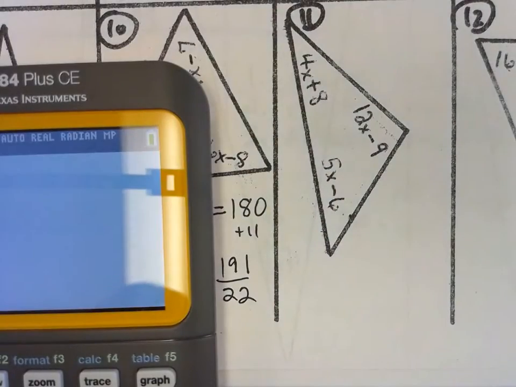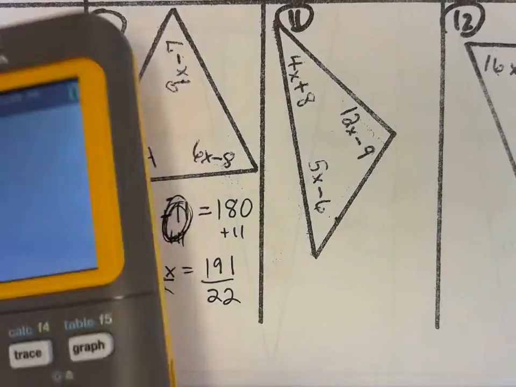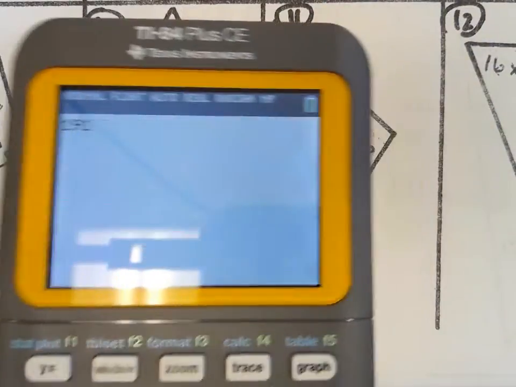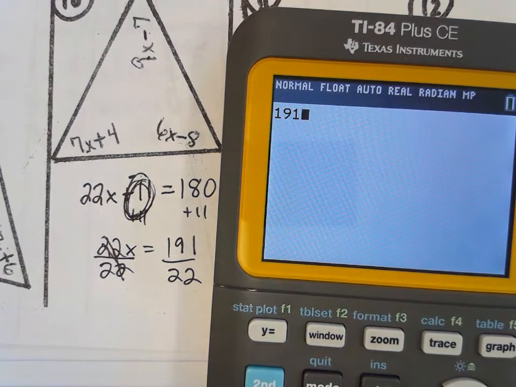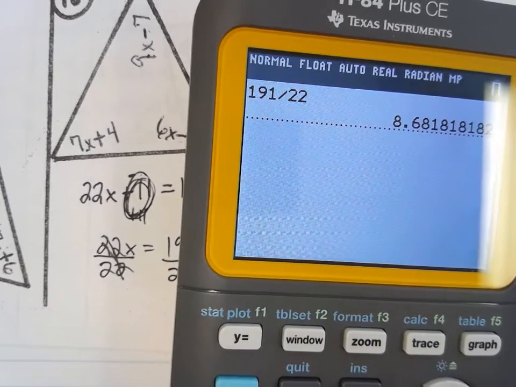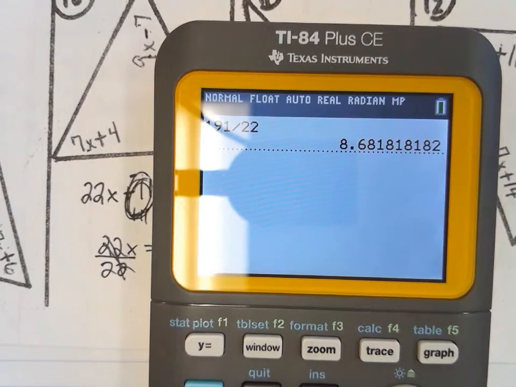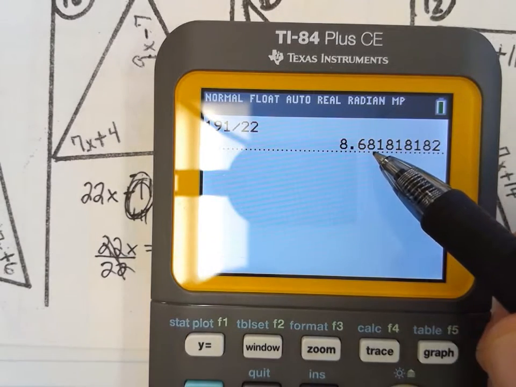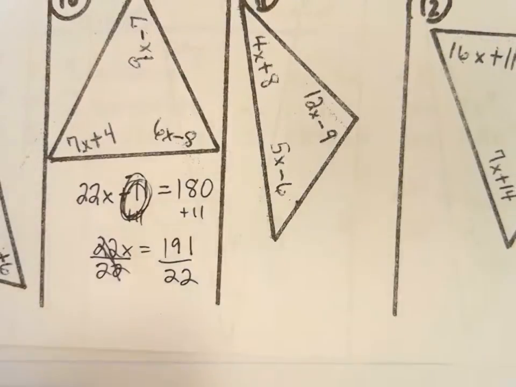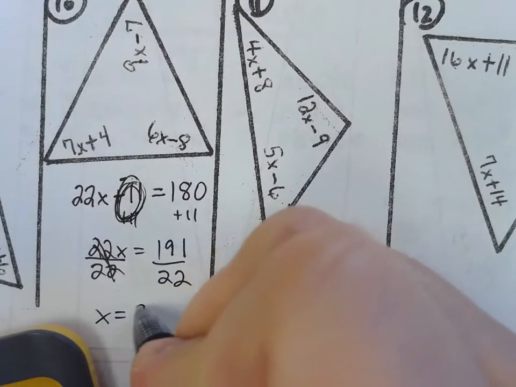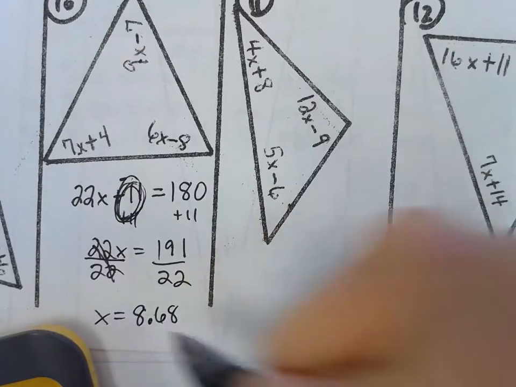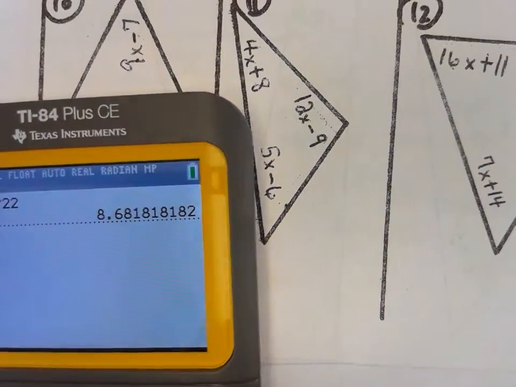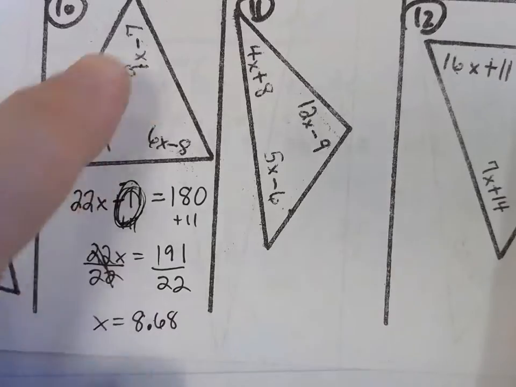So right here on my calculator, 191 divided by 22. If I go to the nearest hundredths place, it would be 8 and 68 hundredths, 8.68. Alright, now I'm going to go through and find my angles.